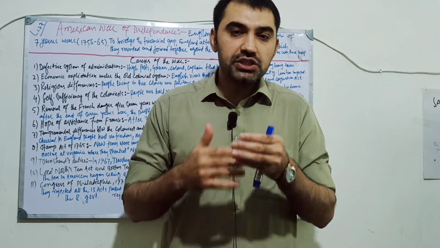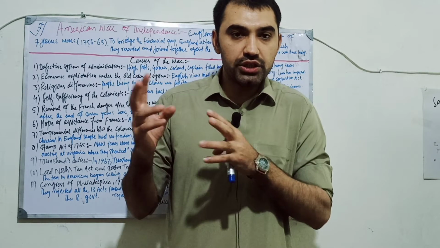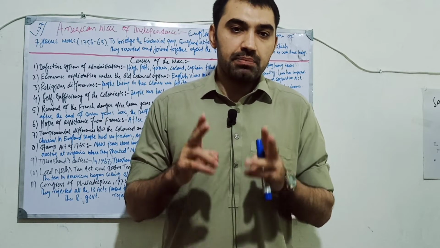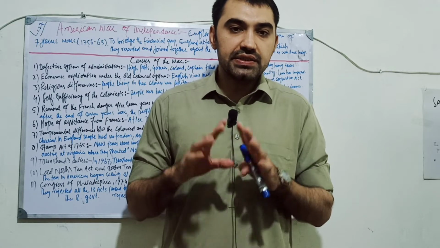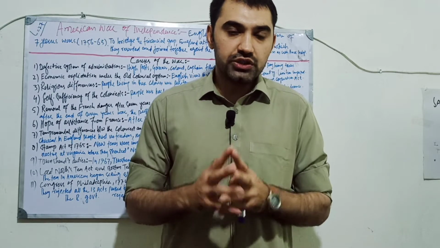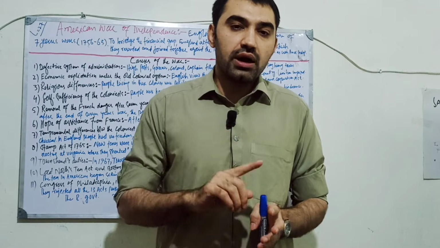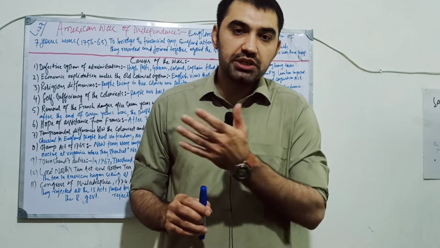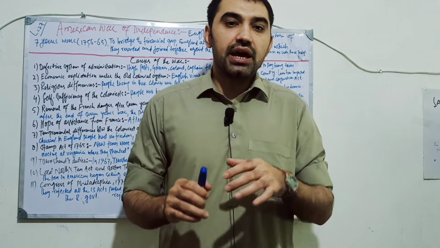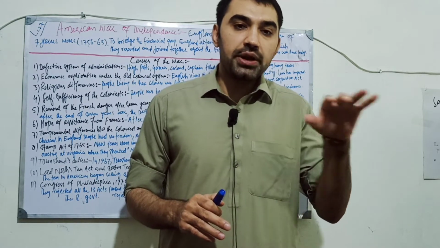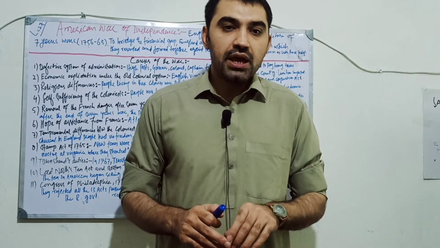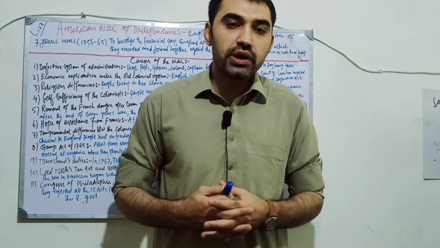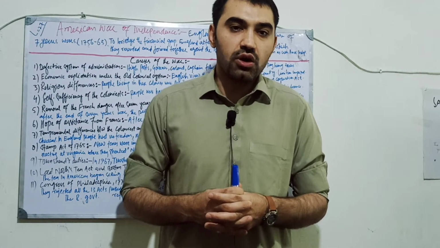These commercial rivalries between the two great powers, France and England, resulted in a warlike situation. That war was fought in 1756 to 1763 in order to dominate each other, and the war is known as the 7 Years' War.